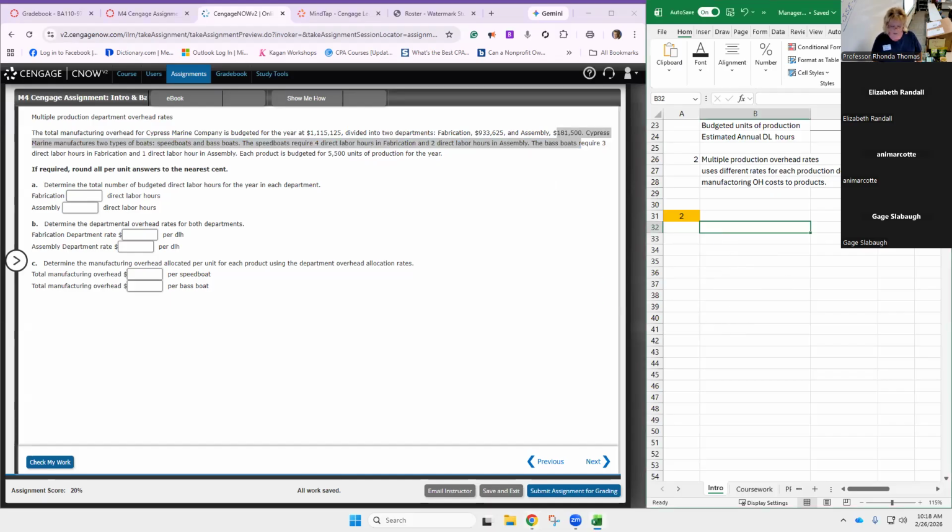Okay, so I'm going to start putting in the total manufacturing overhead, and this is annual total manufacturing overhead. I like to put annual manufacturing overhead. And this is an estimate, so you could put budgeted or estimated.